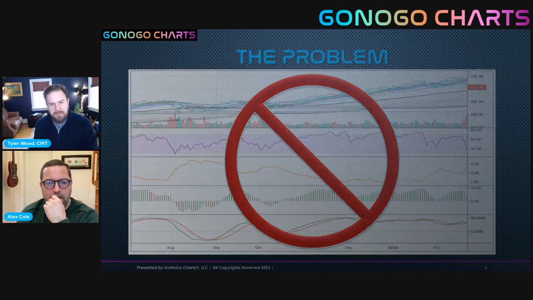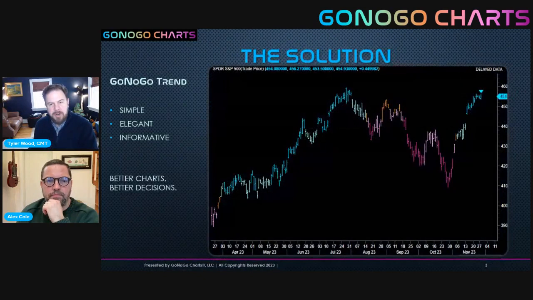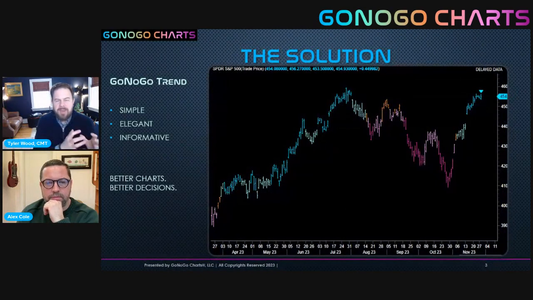So just as a quick review, the solution from GoNoGo Charts was to take all of that weight of the evidence, that robust set of data from these wildly impressive technical tools that the community have developed over the last 50 years. Now we want to use those, but in the background. And what we display on our chart is an algorithm. It's a multi-factor model that's going to show us, rather than keeping it hidden in a black box, the signals in real time by painting or color coding the bars or candles of your chart.